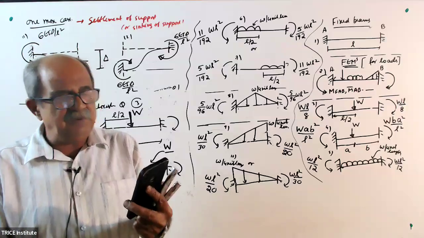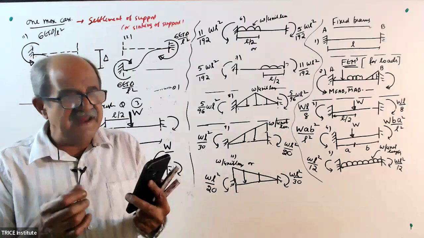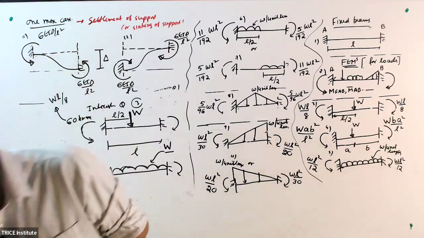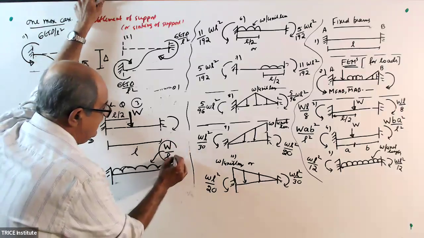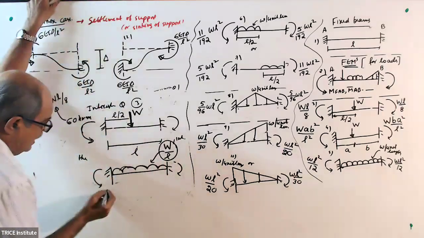Load W is spread for the entire length. So what is the intensity then? How much load per length? W by L is the intensity. Okay. Now FEM is what?